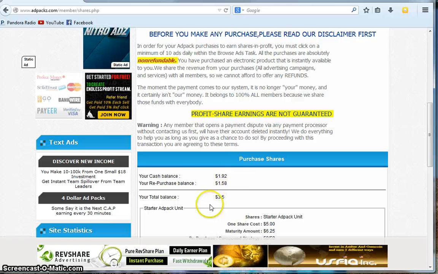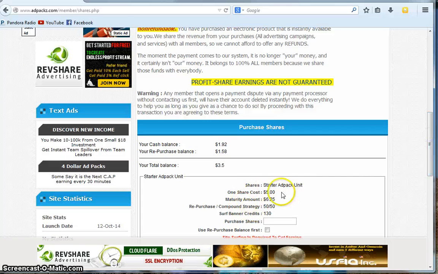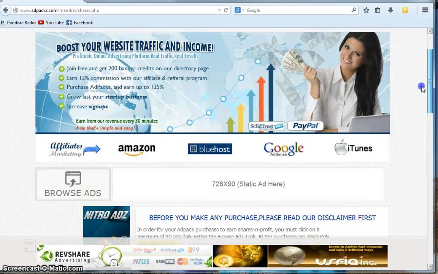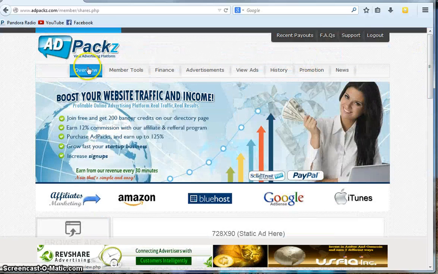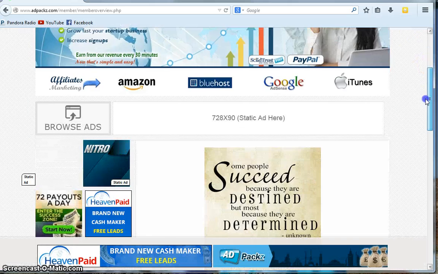So using the total balance to buy our $5 shares. And as you know, a $5 share matures at 125% with a $625 output. So in order to calculate our actual profits, when you're reinvesting as you go, we're going to go over the math to help you do that.